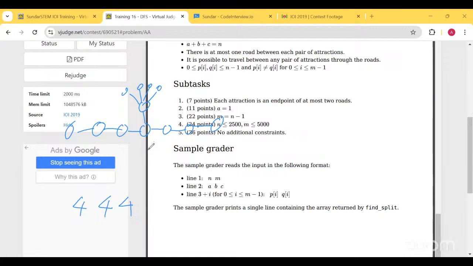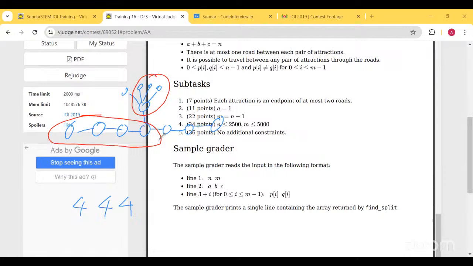Is this impossible? If we do DFS and then do DFS, it intersects. But is this impossible or not? How do you think? Impossible or possible? Okay, it is possible because we can cut this and this.